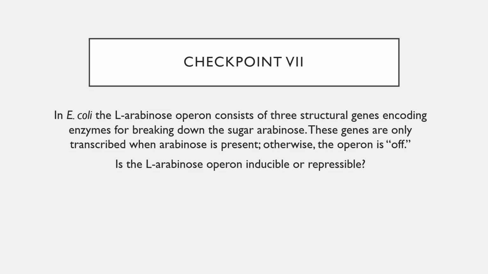Otherwise, the baseline state for the operon is off. So I want you to tell me in this checkpoint if the L-arabinose operon is inducible or repressible. And once you complete this checkpoint, that is the end of this lecture.